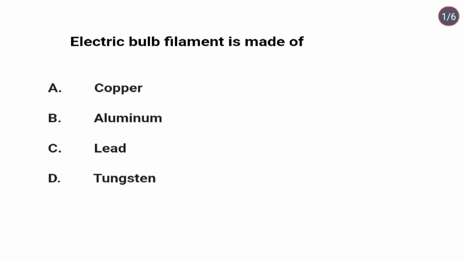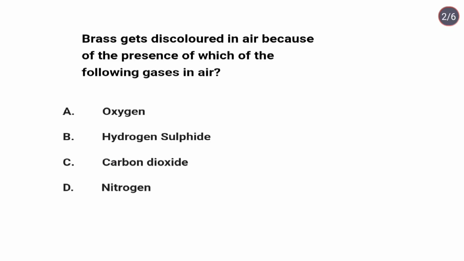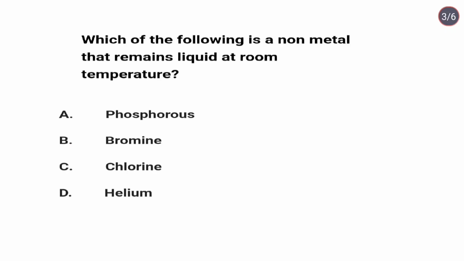Electric bulb filament is made of tungsten. Brass gets discolored in air because of the presence of which of the following gases in air? Hydrogen sulfide. Which of the following is a non-metal that remains liquid at room temperature?